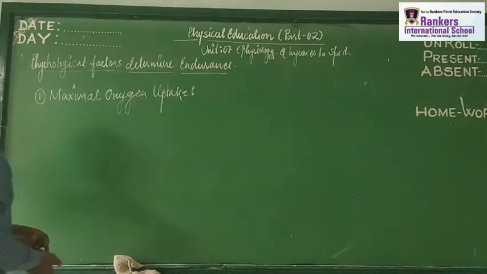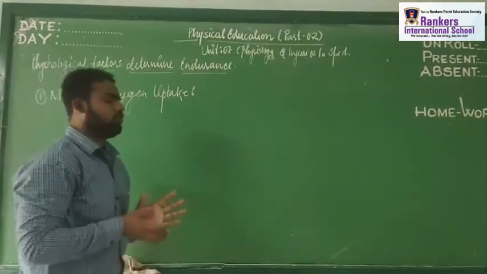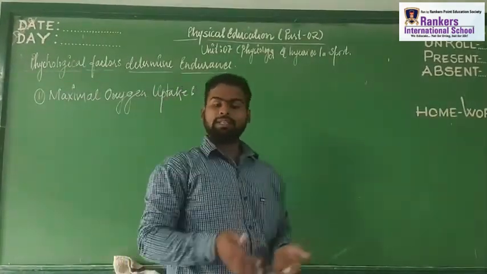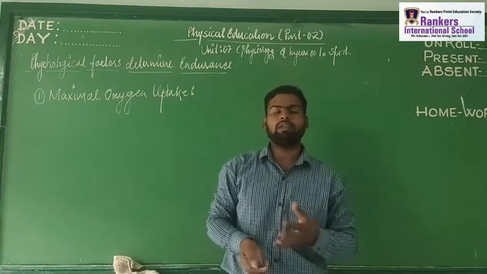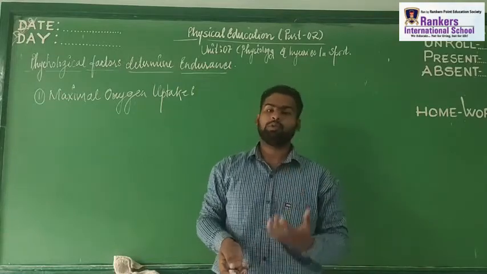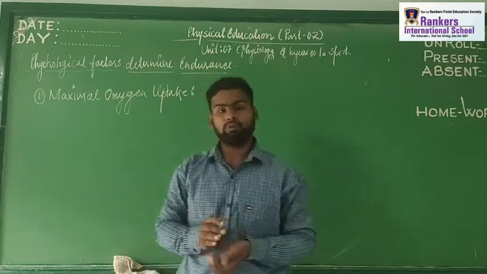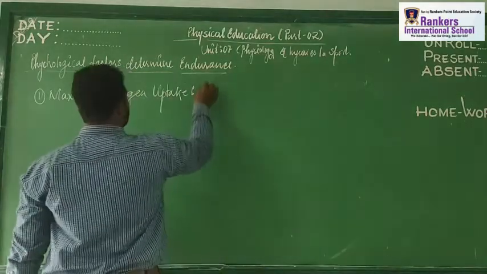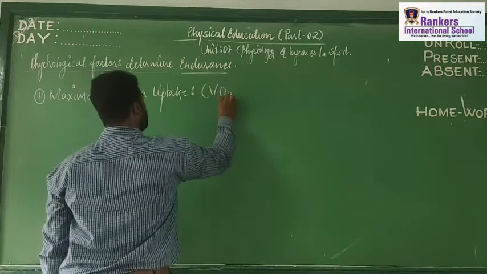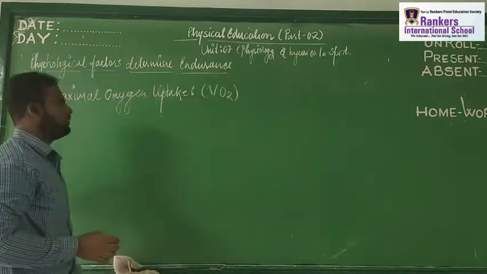When I am talking about endurance, it is basically based on how much oxygen an individual can consume, right? So maximum oxygen uptake, that is VO2. How much oxygen an individual can consume?